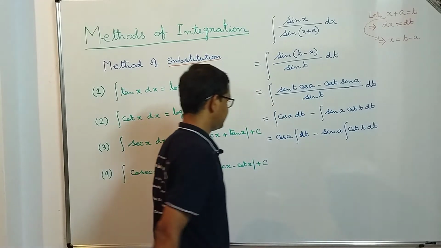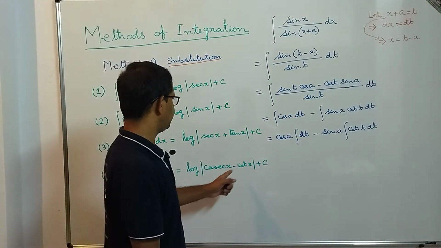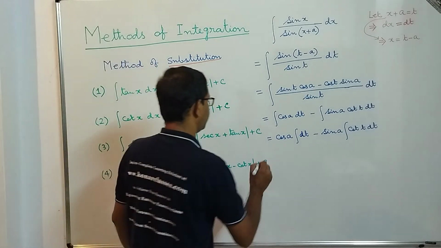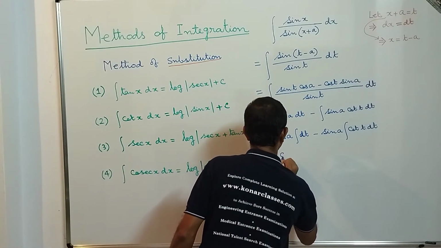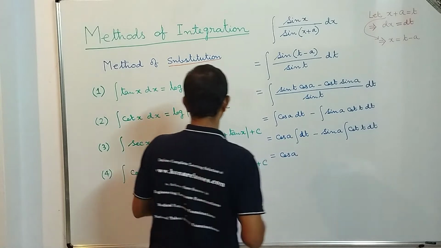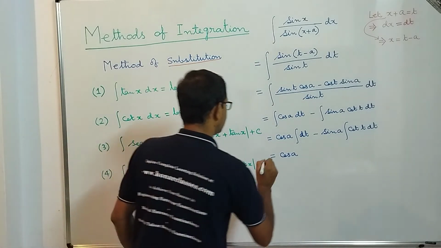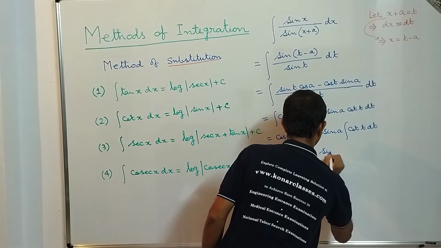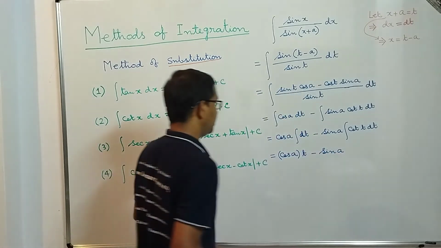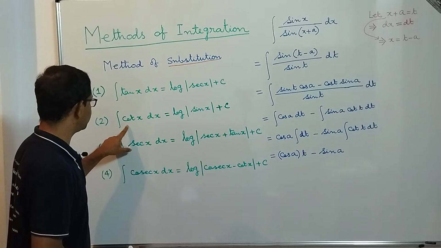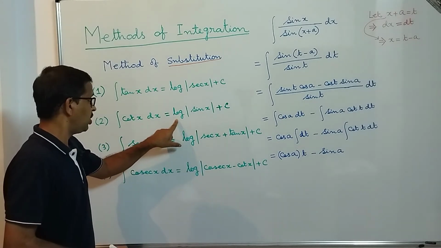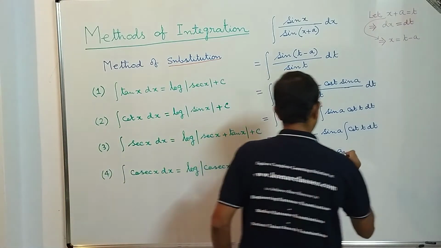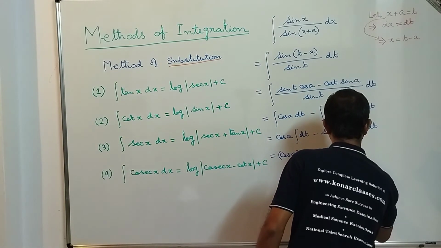Correct? Now it is easier to integrate, because we know what integration of cot t dt is. So this is equal to cos a into the integration of dt, that is cos a into t, minus sin a times the integration of cot t dt. Integration of cot t dt will be log of mod sin t plus c.